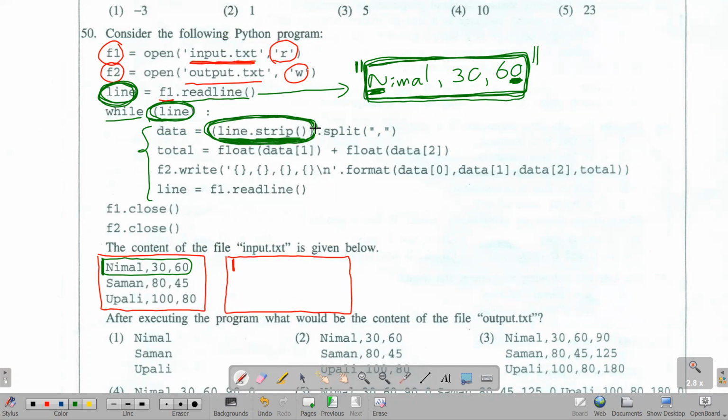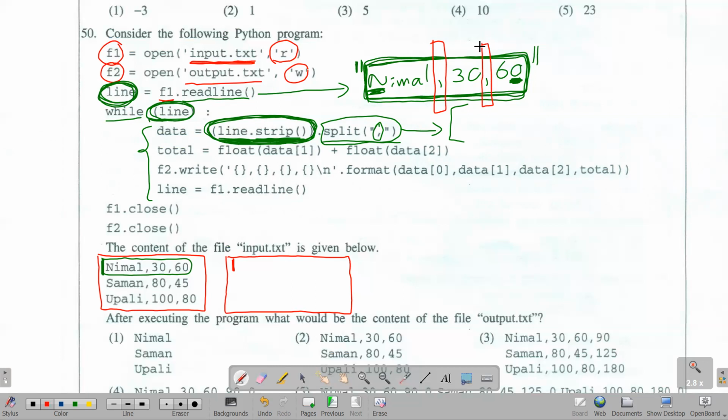Now that string is asked to split from the comma, right? And once the split function is executed, it is going to give you a list, and it is going to split the string from the places where the comma appears inside the string. That means this string will be split at this point and as well as at this point.